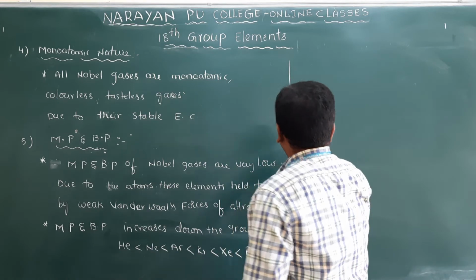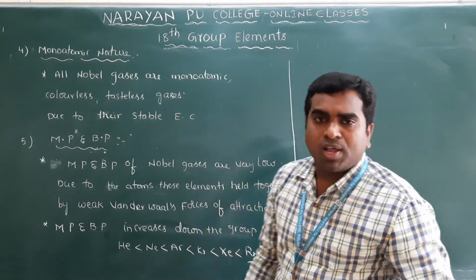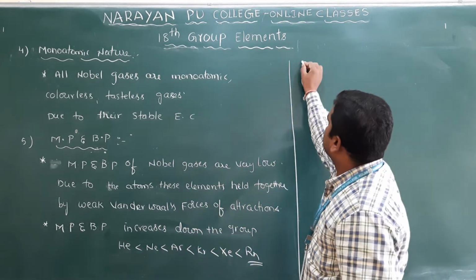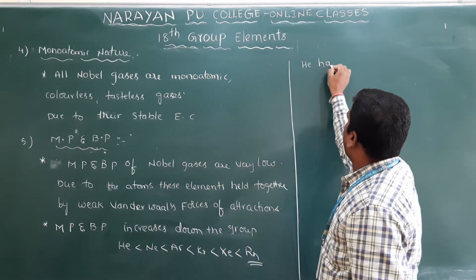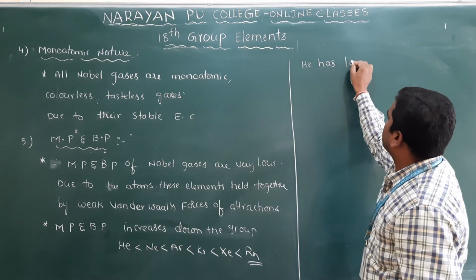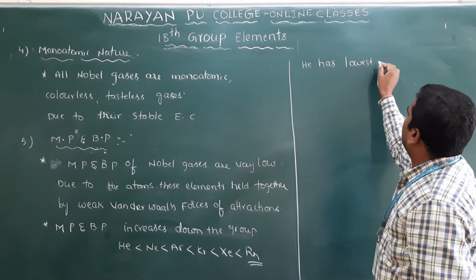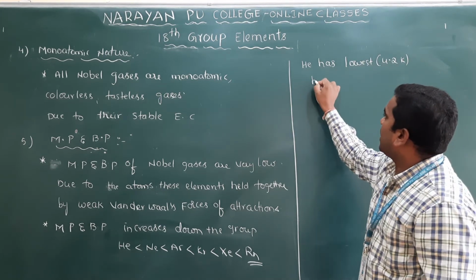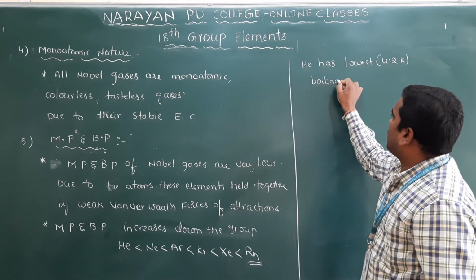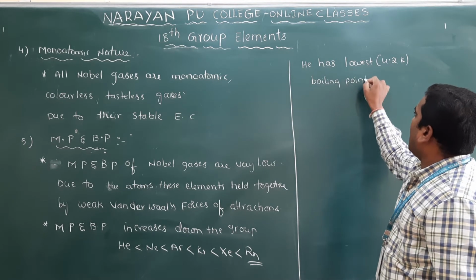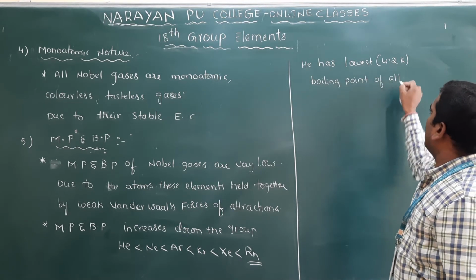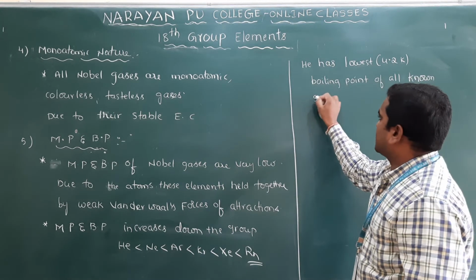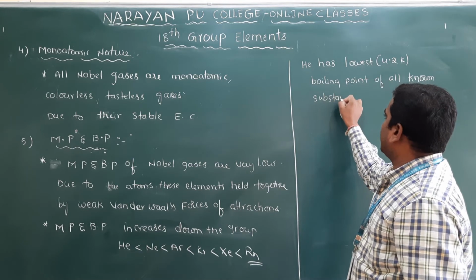But here helium has the lowest boiling point of all known substances. Clear? Helium has the lowest boiling point, that is 4.2 Kelvin, of all known substances.